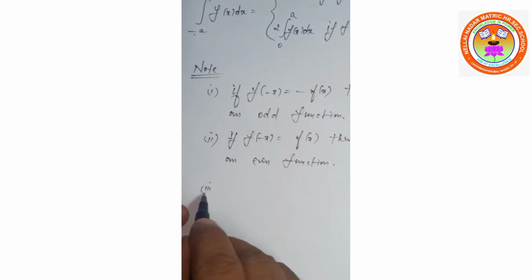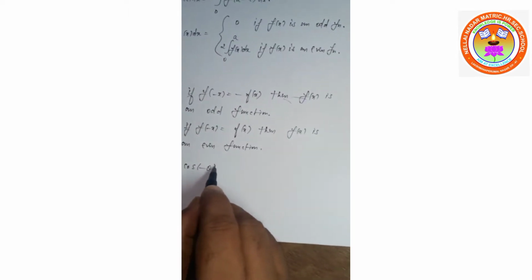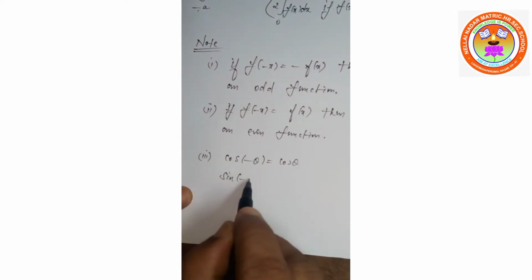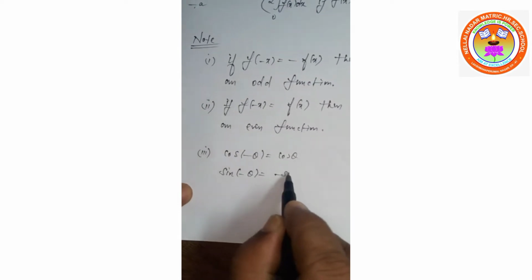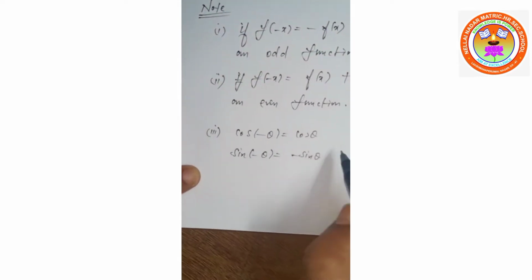Note number 3: cos of minus theta equals cos theta, and sine of minus theta equals minus sine theta. These two you have learnt already in 11th standard.